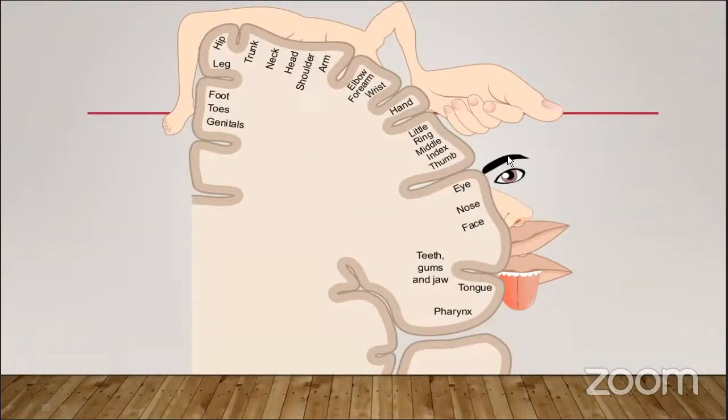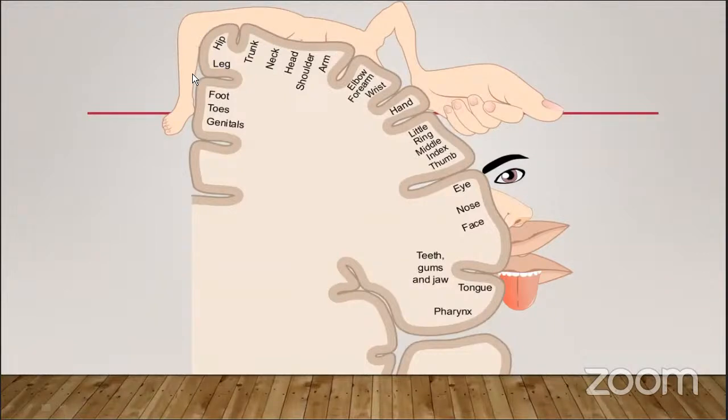You can see that for fine control, we have a larger somatotopic representation. Like for the hand, just in the middle region, we have a large representation for thumb and index. This provides fine control to these structures because a large part of the cerebral cortex pyramidal cells is dedicated to this specific area, whereas for the trunk, we have a slightly smaller portion.